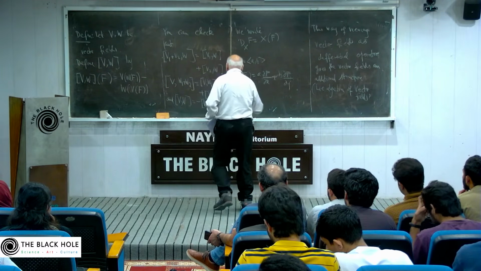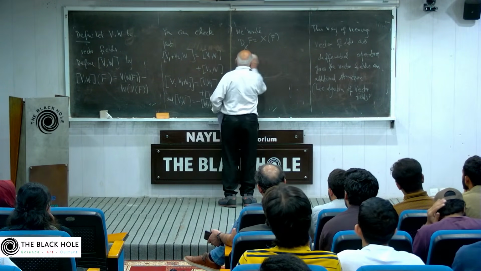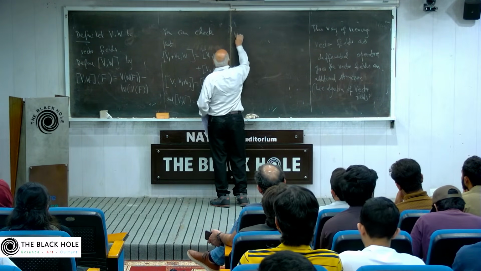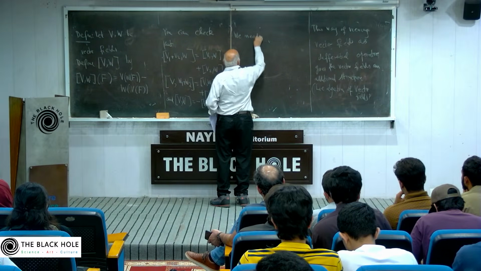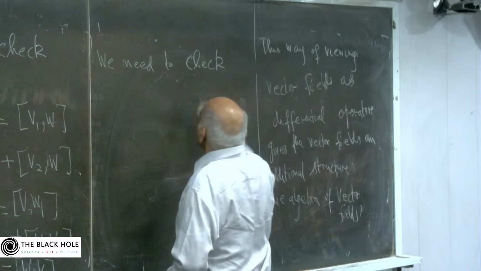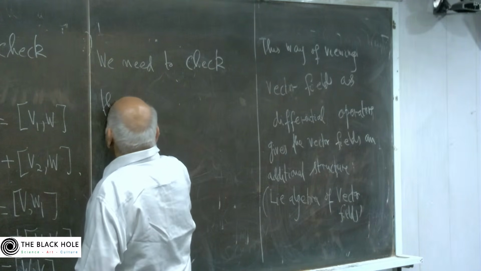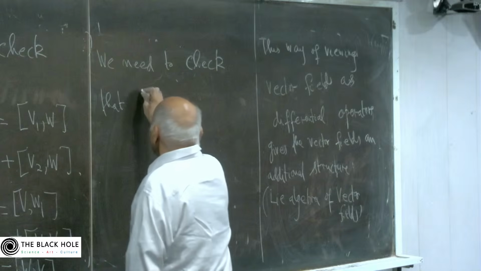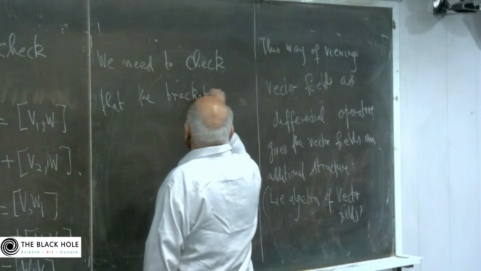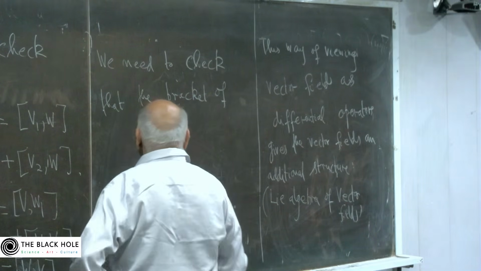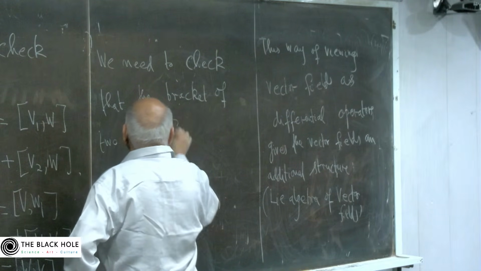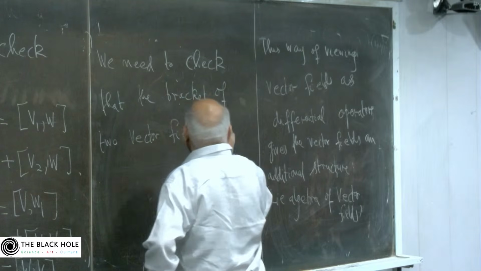So, we still need to check that the bracket of two vector fields is a vector field.